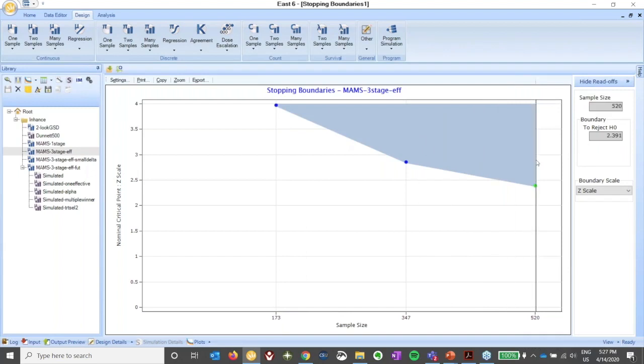And at the very last look, we needed a boundary of 1.99. So now instead of 3.7, we have 3.97. It became a little bit more stringent. And that is the same case for the final look, which requires a boundary of 2.4, essentially.